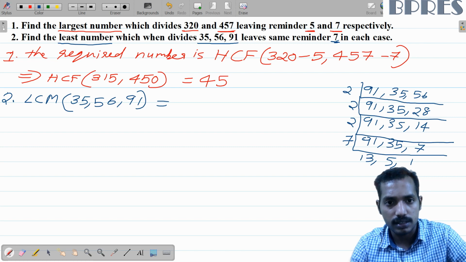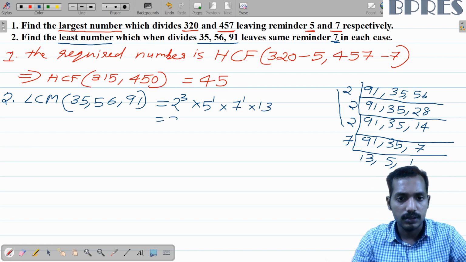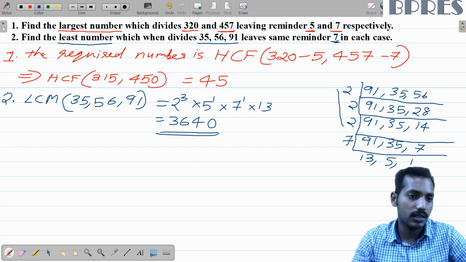So the required LCM will be 2 cube, because 2 is repeating thrice, into 5, which is 1, and 7 into 13, which is equal to 3640. You can verify the calculation by yourself.